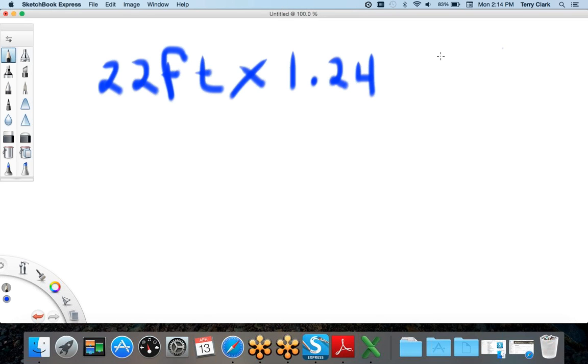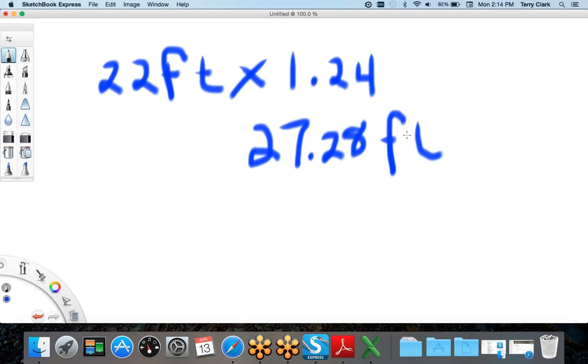That's going to give us 27.28 feet. Okay, so that's how we'll work it. And then we'll do the same thing for the meters.